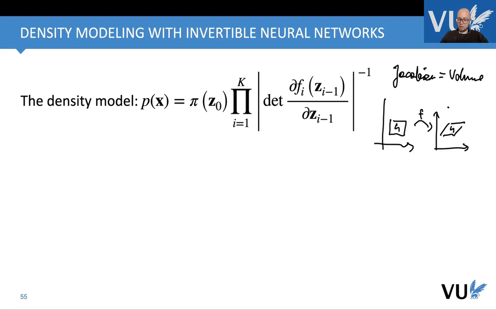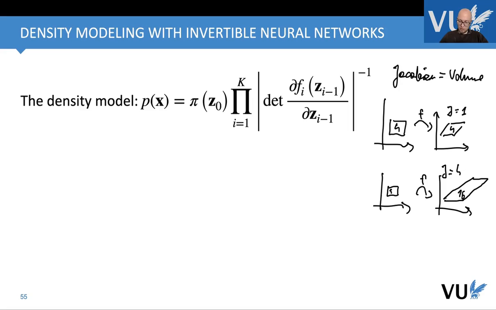So the Jacobian will be simply 1. There is no change of volume. But if I do a square and after this f, I have something super big. This was 4, this is 16. So then the Jacobian will be, of course, appropriately bigger, and in this case, probably it will be 4 or something like that.